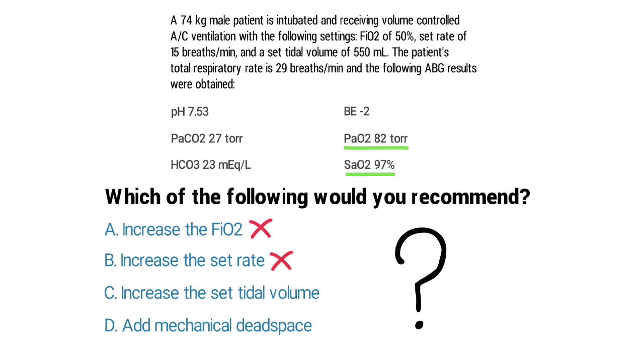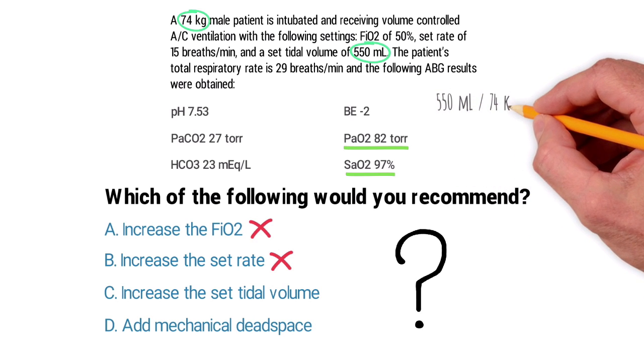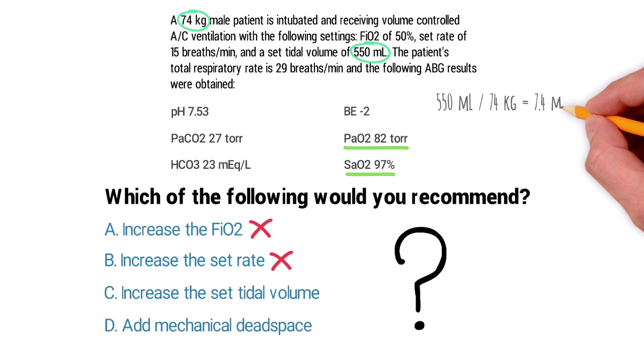So next we'll look at C, which says to increase the set tidal volume. By looking at the patient's body weight, which is 74 kilograms, you can quickly check to see if the tidal volume setting is appropriate. All you have to do is take the tidal volume of 550 milliliters divided by the weight of 74 kilograms, and that gives you 7.4 milliliters per kilogram.